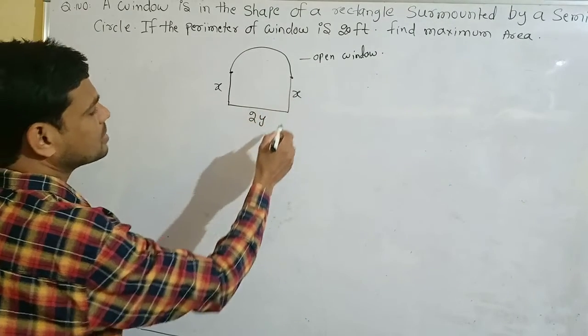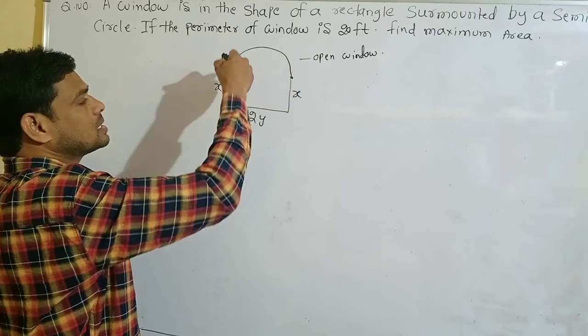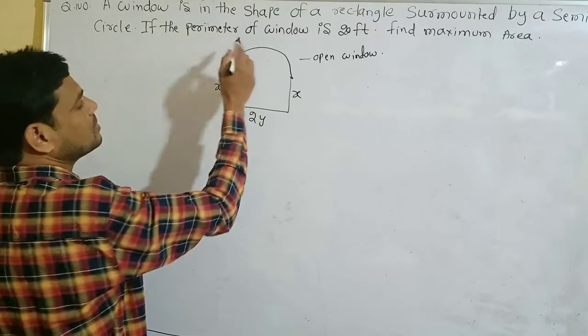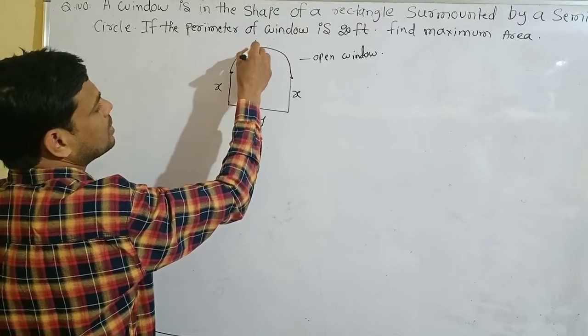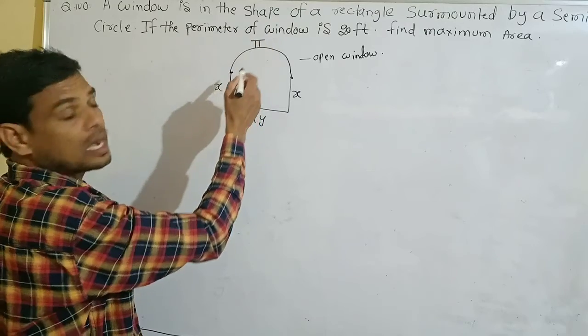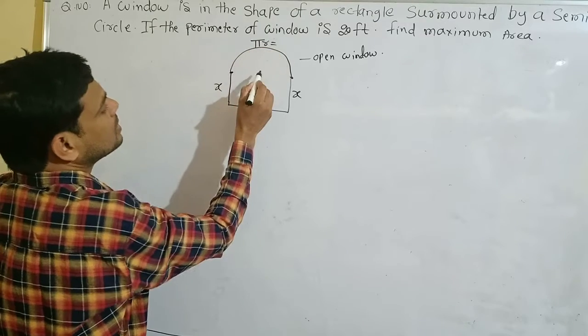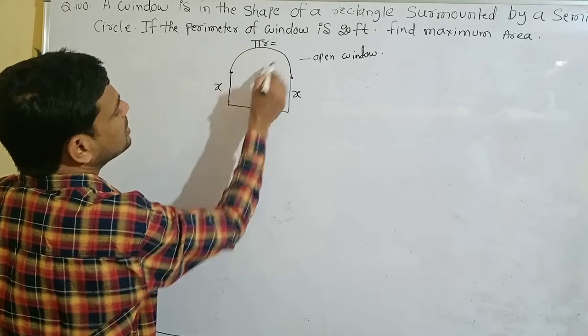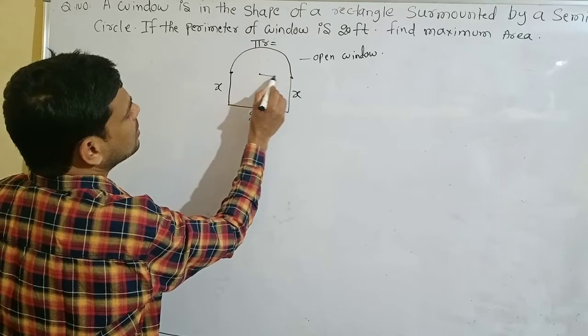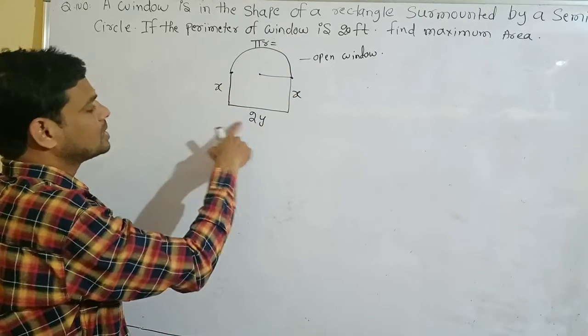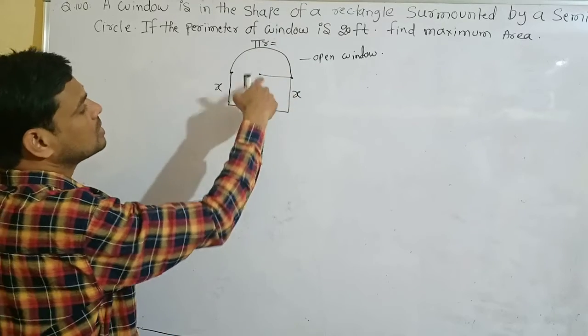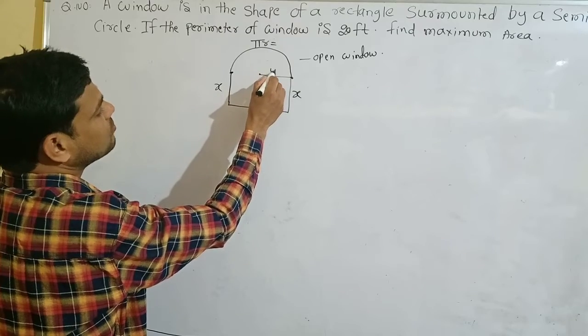This is also x. This is the circumference of the circle. Here the semicircle center is this one. This is the radius. This length is 2y. Radius is y.